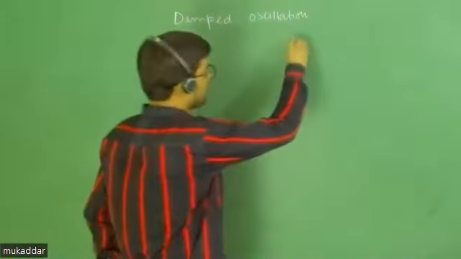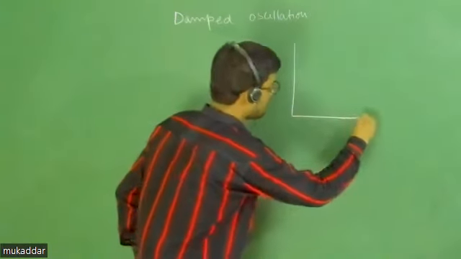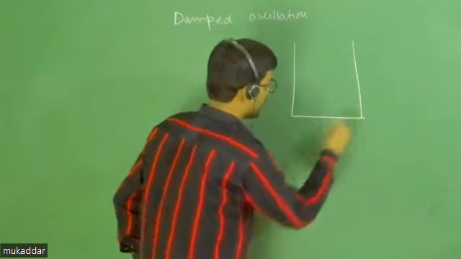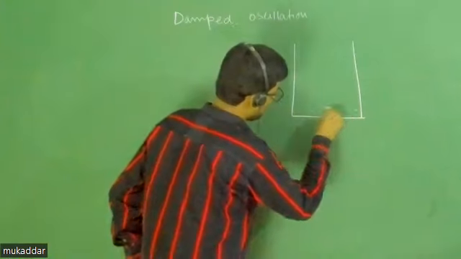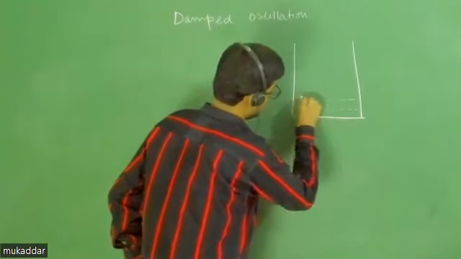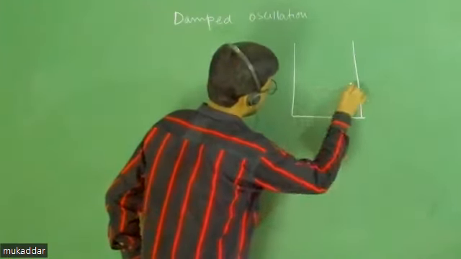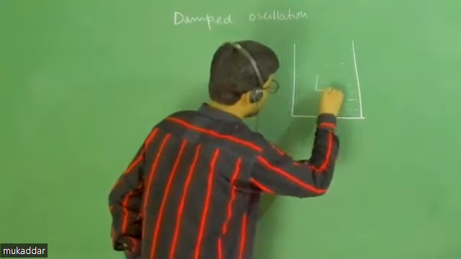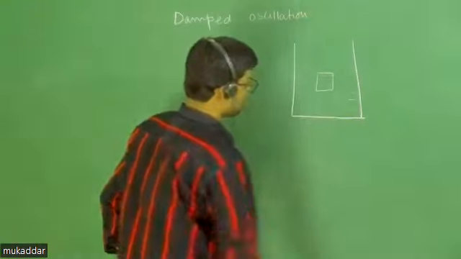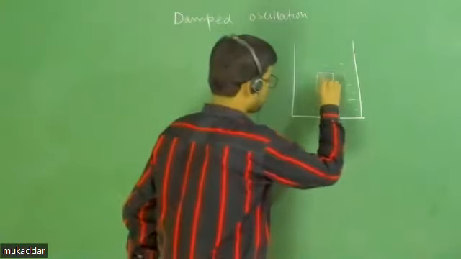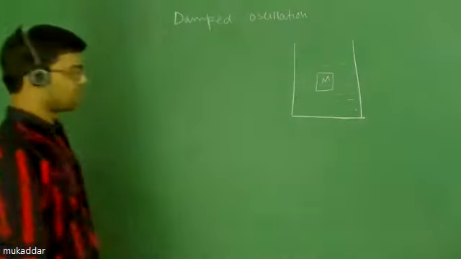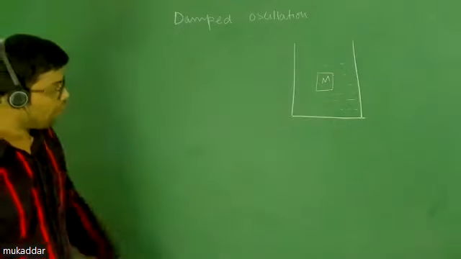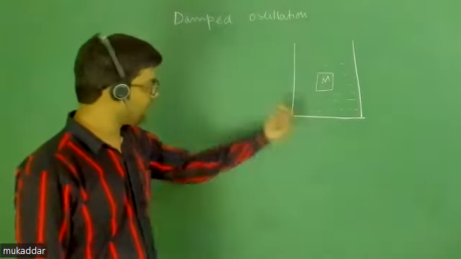Let us understand this. Suppose you have a beaker. It contains some viscous liquid, and suppose you have some solid body having mass m inside that liquid.